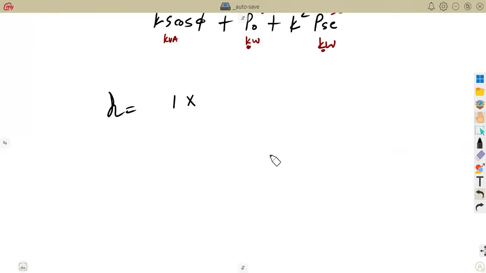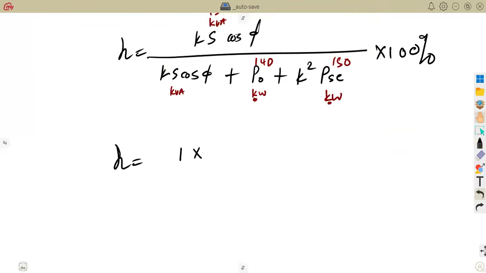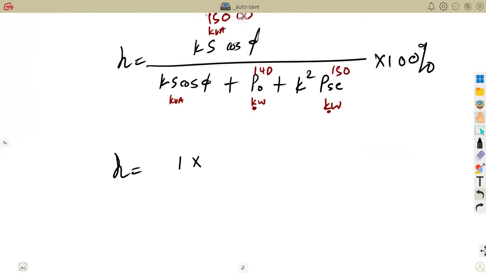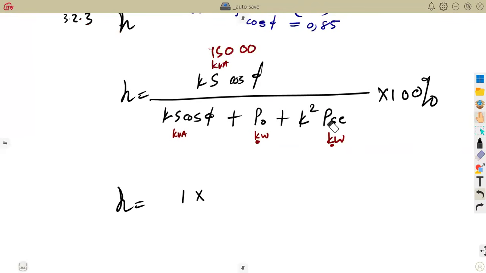As for me, I'm just going to use the kilo the way that it is. No problem. As for you guys, use the way that you understand. It is in your hands. If you want to use watts, you can use that. If you want to use kilo, use the kilo.